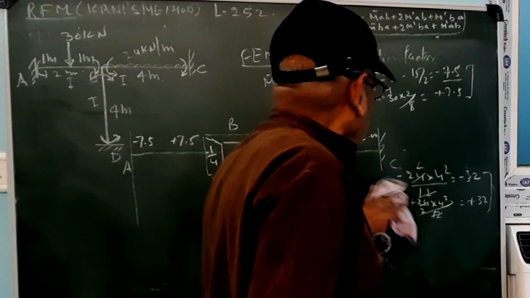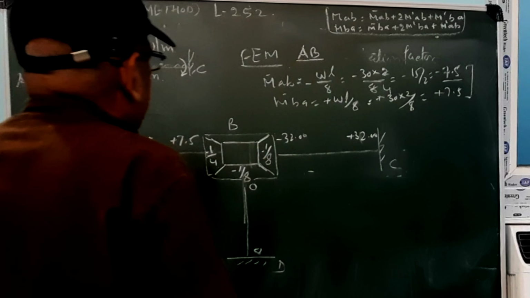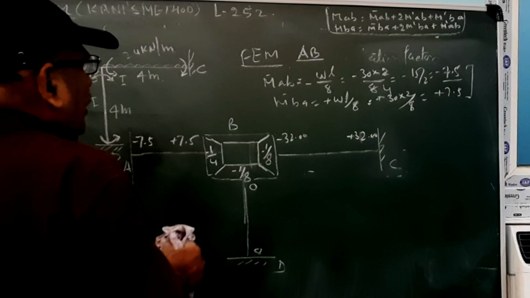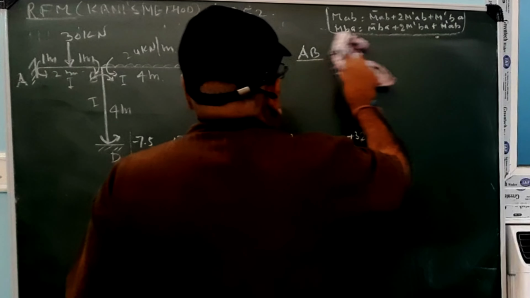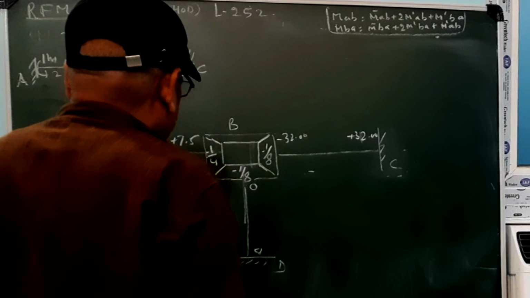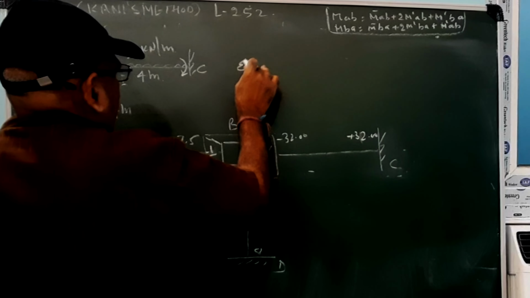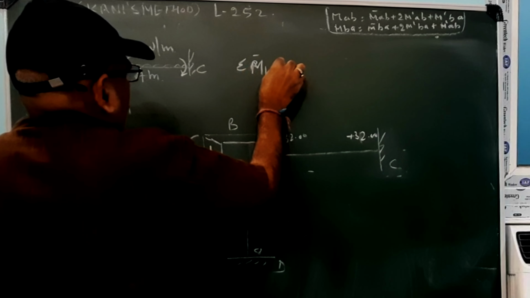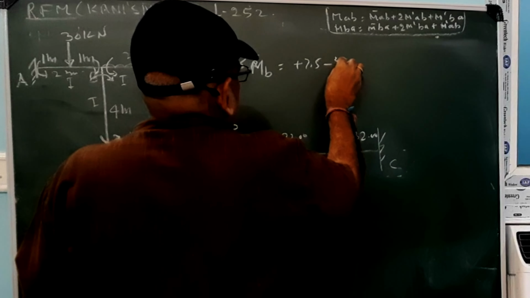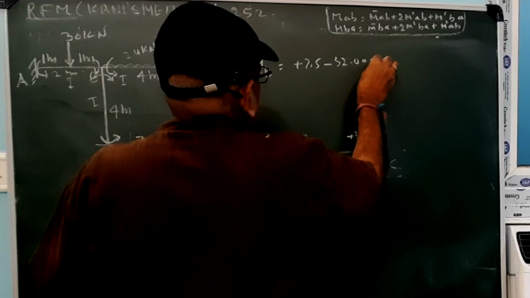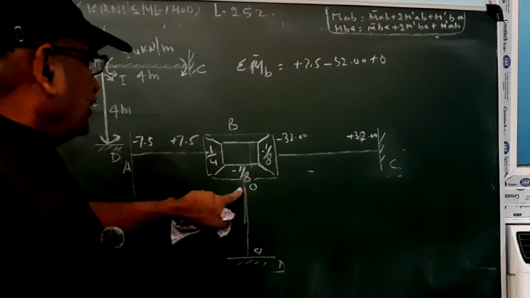Okay. Let us now try to find out the solution of this question by the rotation contribution method. At this point, summation of M bar at B equals plus 7.5 minus 32 plus 0.